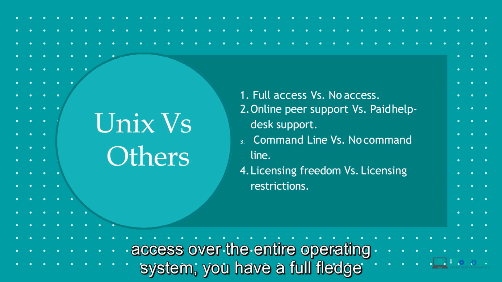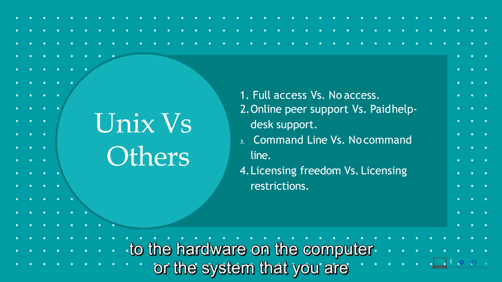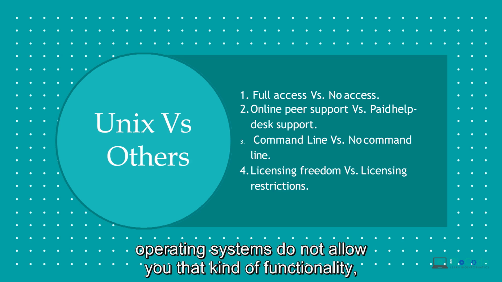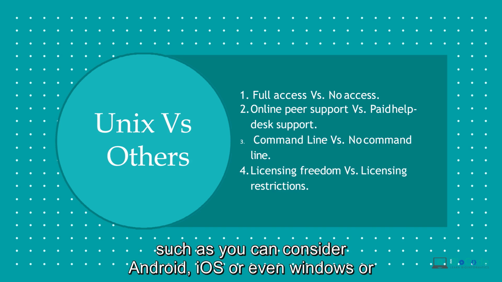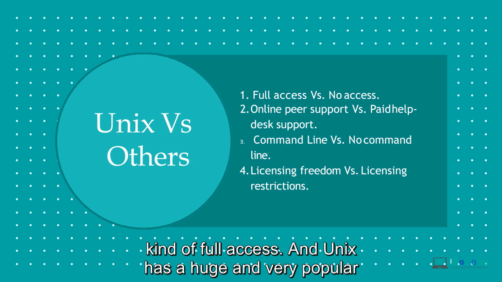You have a full-fledged experience of the operating system, and you can talk directly to the hardware of the computer through the operating system. Other operating systems, such as Android, iOS, or even Windows, do not allow you that kind of full access.